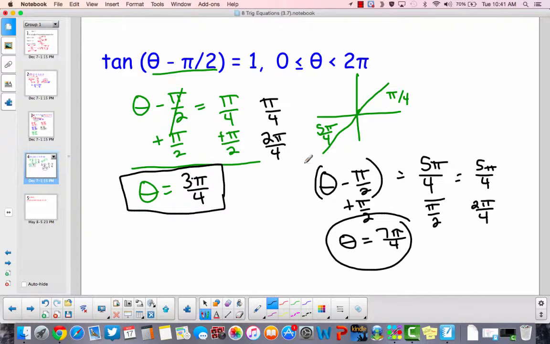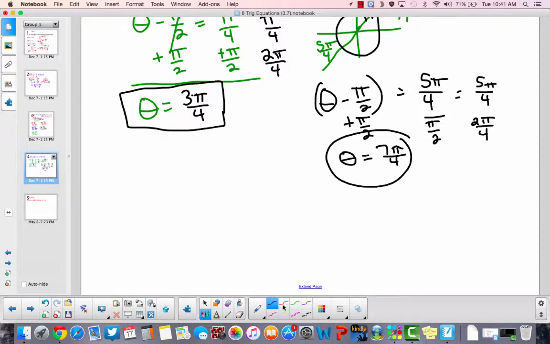Yes. Okay. Now, just like we saw from before, we need to check what happens if we go around the circle again. So pi over 4, we go around the circle one more time, and so we add 2 pi to that. If we add 2 pi to pi over 4, that would be 9 pi over 4. So theta minus pi over 2 is equal to 9 pi over 4.